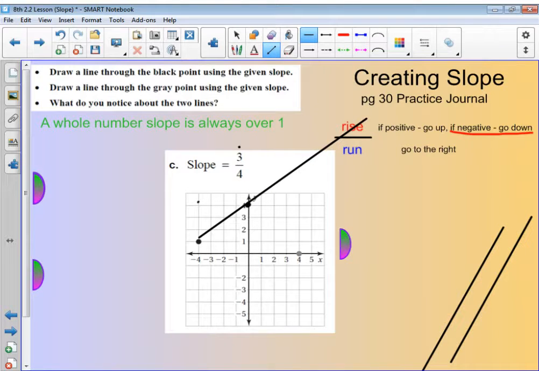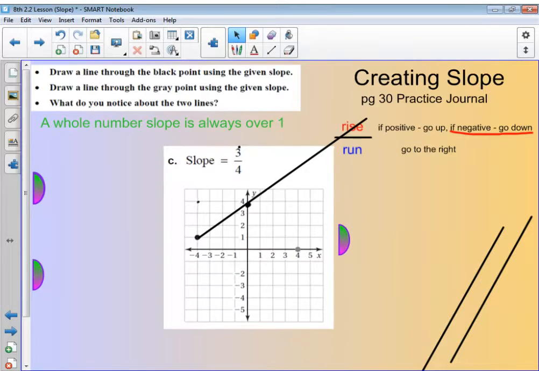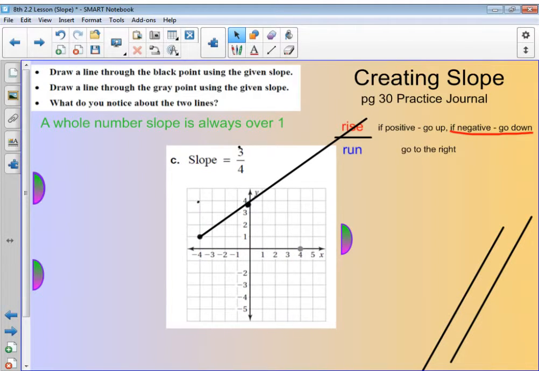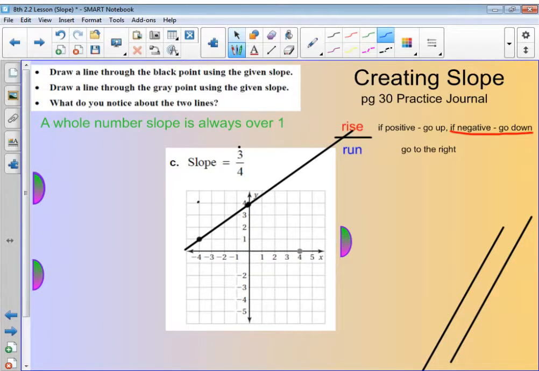Goodness gracious, I'm terrible with the starting of the line. Okay, and then do the same thing with this gray dot. So we're going to go up 3, 1, 2, 3, over 4, 1, 2. My graph's not big enough. What am I going to do?